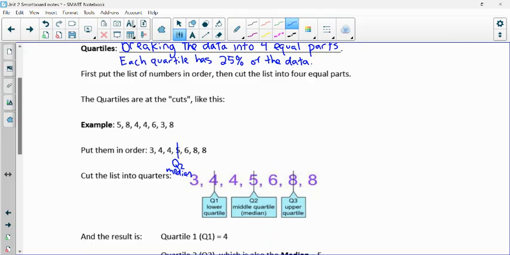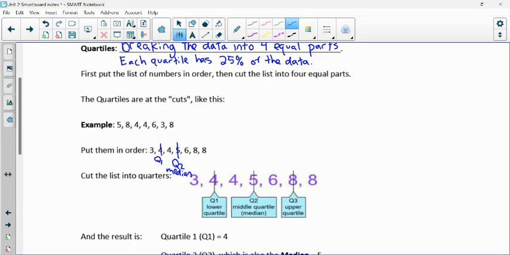All right, next, to find our lower quartile, we then find the middle of the left side of the data. So since the cut line is on the 5, we're not including it. So we have three numbers to the left of that median. We want to find the middle of those three numbers. So that would be this 4 right here, because then I have one to the left and one to the right. So this is what we call our Q1, or lower quartile.